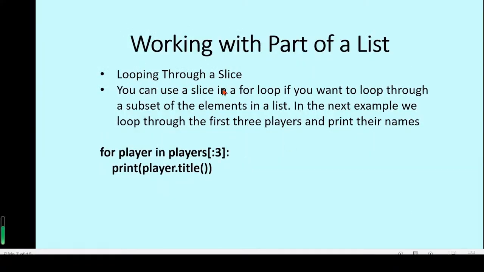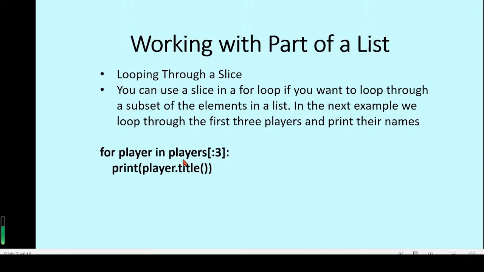And looping through a slice. You can also use a slice in a for loop if you want to loop through a subset of the elements in a list. In the next example, we loop through the first 3 players and print their names. For example, we can write for player in players, with the slice colon 3, then from the first to the third element of this list.